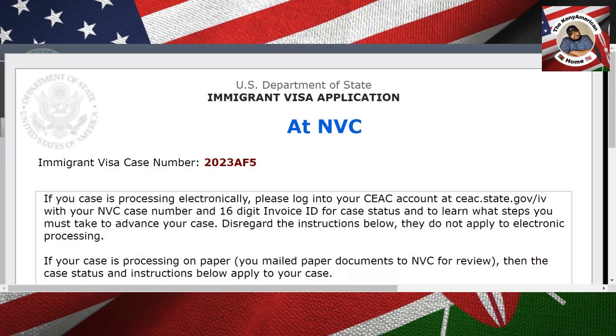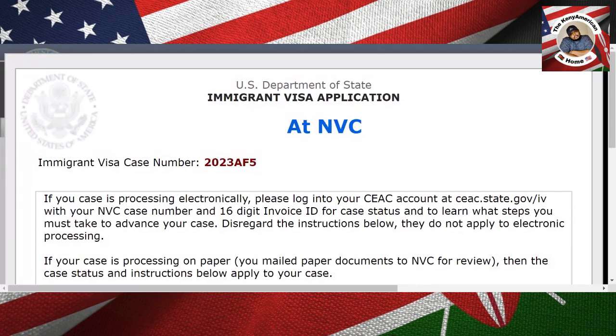It's at the NVC. That means it's waiting. What is happening is it's waiting for the embassy to reach out to the Kentucky Consular Center, at the NVC, National Visa Center, to let them know that they're ready.